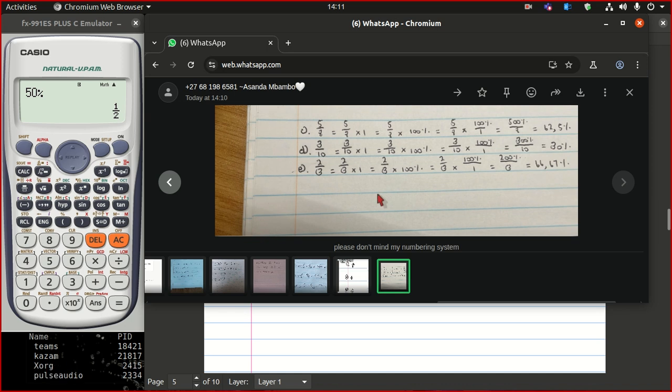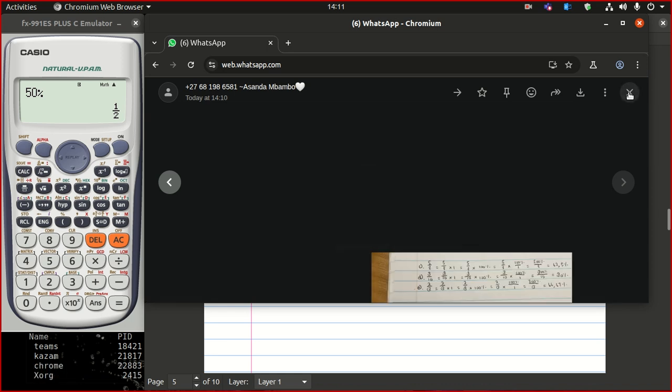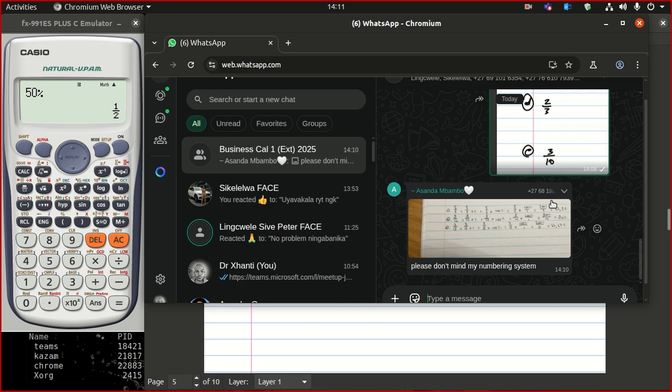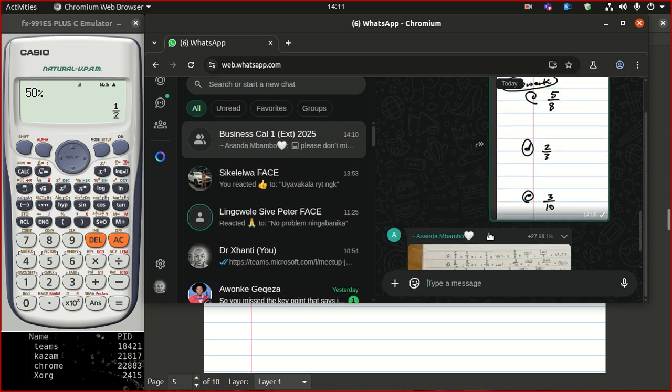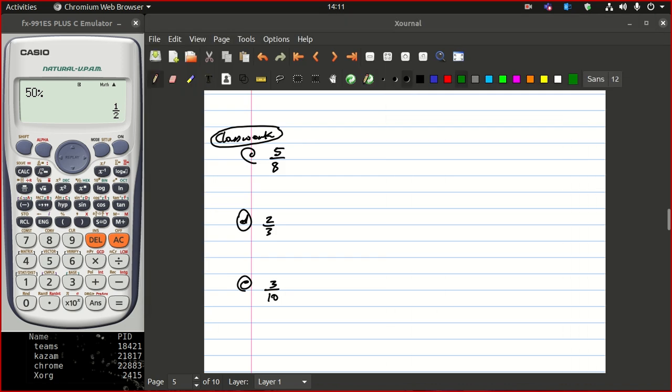This one is also fine because this is what we're looking for. 3 over 10, that's 30%, of course, and then 2 over 3, as hard as it might look, we have 66.6%. So this one is fine. Asanda Mbambo. Who else? No one is there. So I think we are good to move.